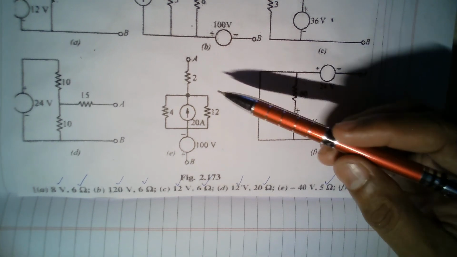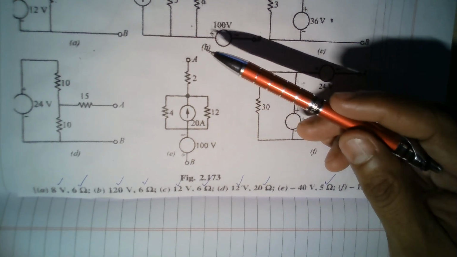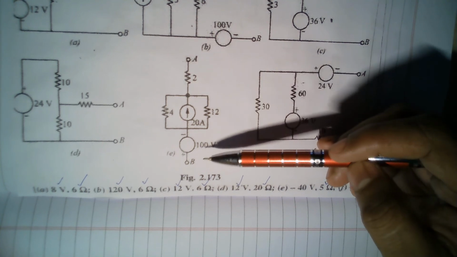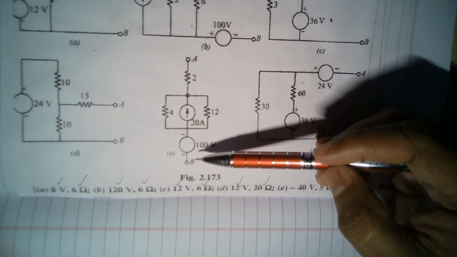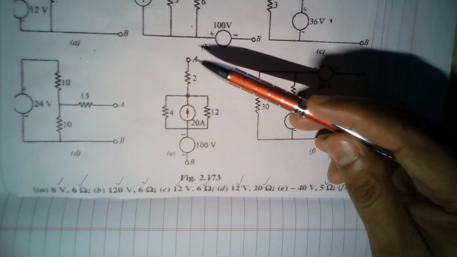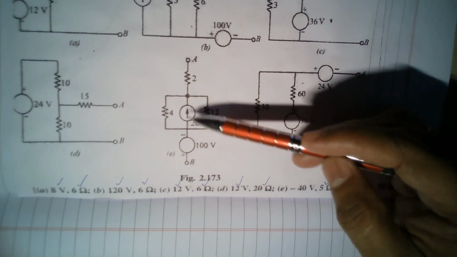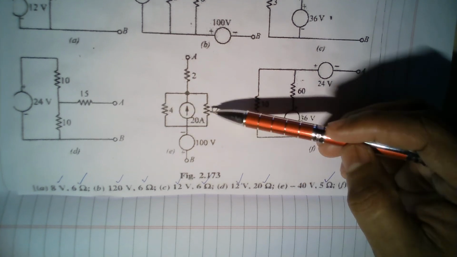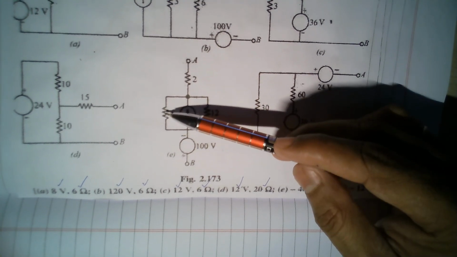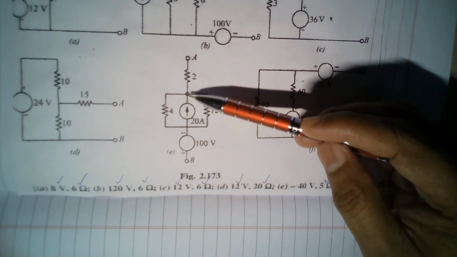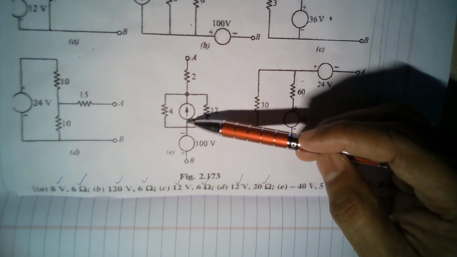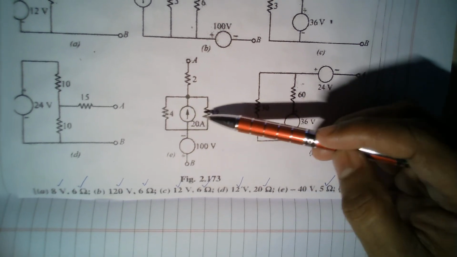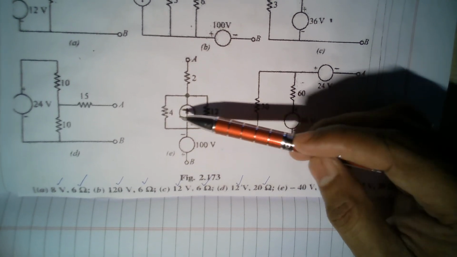Now what is the voltage? Okay. VAB. So VAB means we have to apply the Kirchhoff's voltage law from B to A. So before that, let's solve this thing. See, we already solved that 12 and 4 are parallel with each other, right? So even if the current source of 20 amperes is introduced here, still 12 and 4 are in parallel with respect to that. So effectively it is 3.